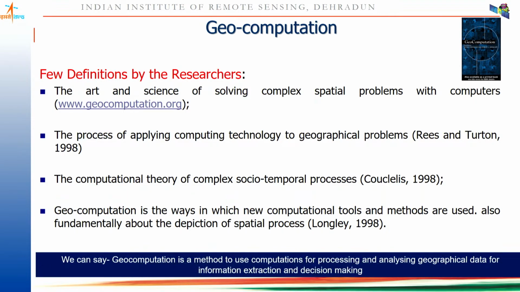So we can say that geocomputation is a method to use computation for processing and analyzing geographical data for information extraction and decision making, or you can say to get insight into the data. That is the process linked with geocomputation.